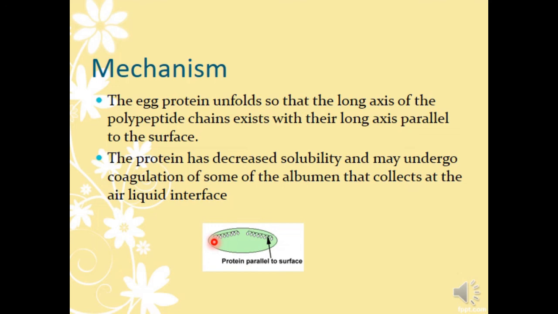So the egg protein will undergo a decrease in solubility, and at the same time coagulation will occur between the albumin of the egg component, and this coagulation of the albumin will at the same time entrap air at the surface here, and it will form the upper layer, and the lower layer remains the continuous or aqueous phase.